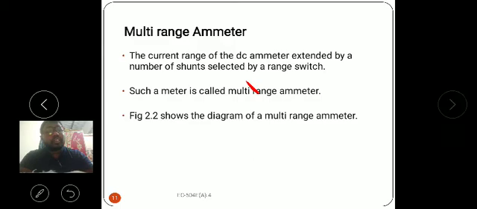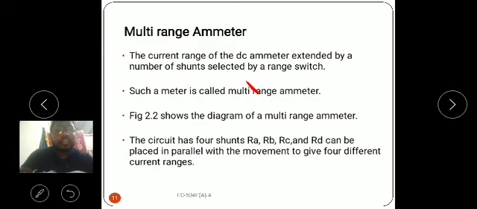Already we observed the diagram. Here the circuit has four shunts, RA, RB, RC and RD, placed in parallel with the movement to give four different current ranges. For the four different current ranges I am using four different resistors RA, RB, RC, RD. For example, if you are using three different resistors, then we get three different current ranges. Based on the number of resistors connected in shunt with the meter, we get that many current ranges on the meter.